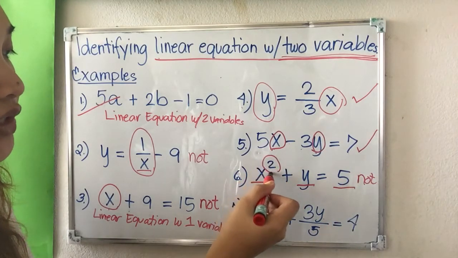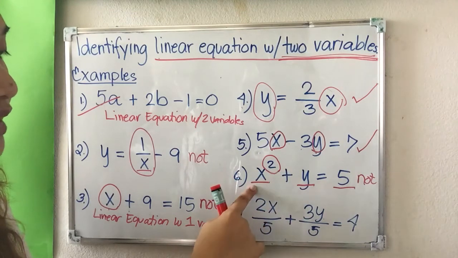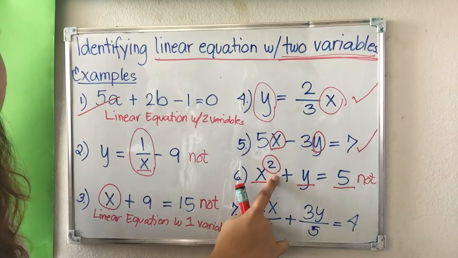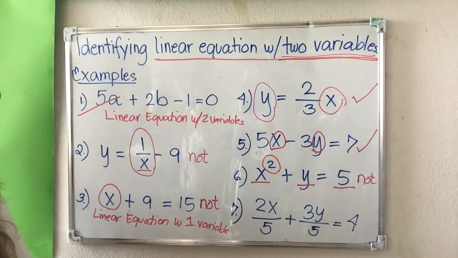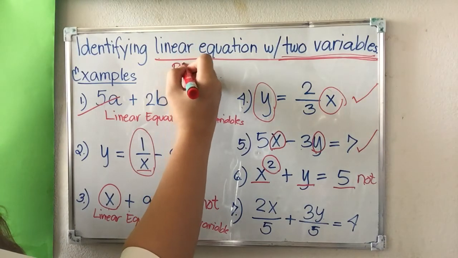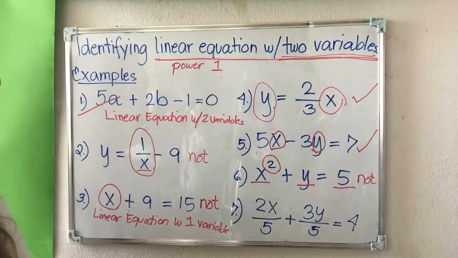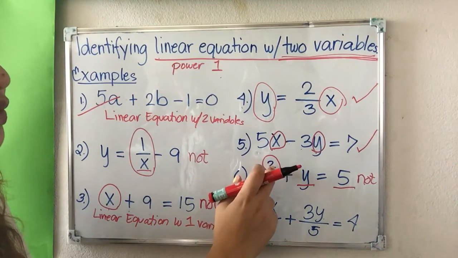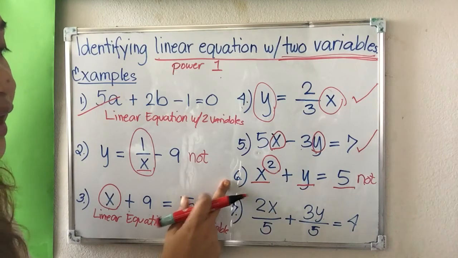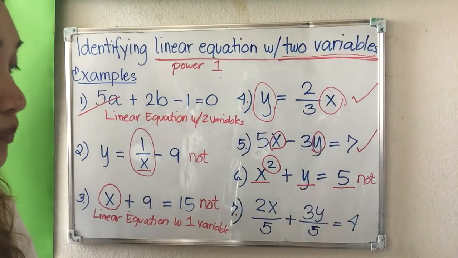Because of the exponent 2. x is powered by 2, and powered by 2 is quadratic. A linear equation is powered by 1. This one is powered by 2, it is quadratic. Therefore, number 6 is not a linear equation with two variables.